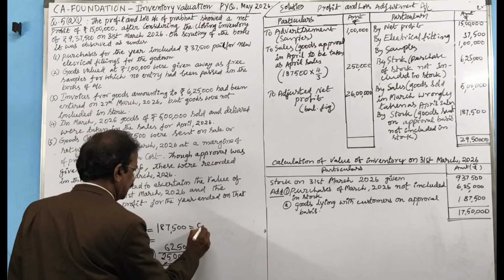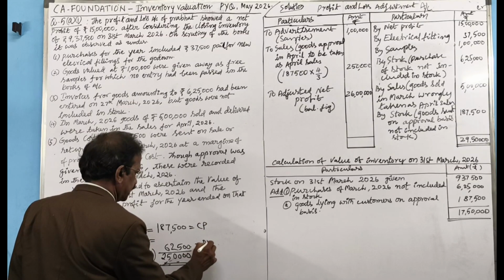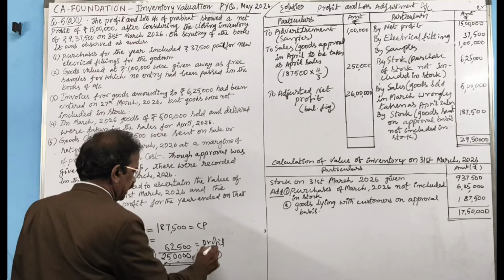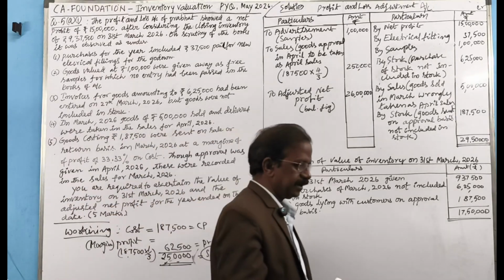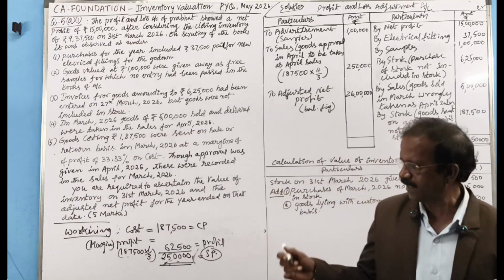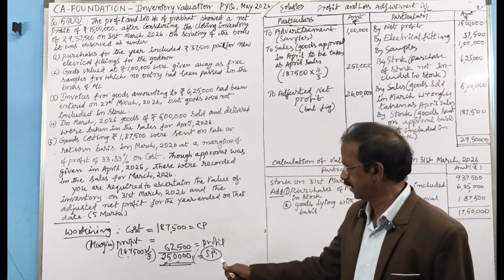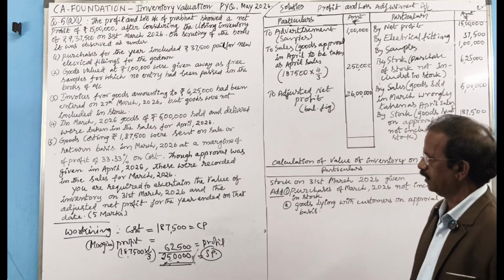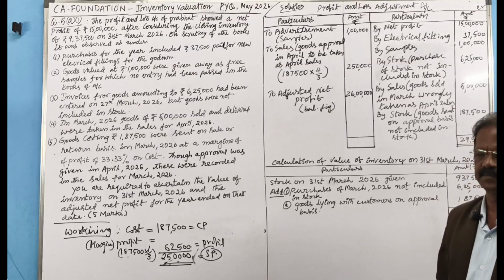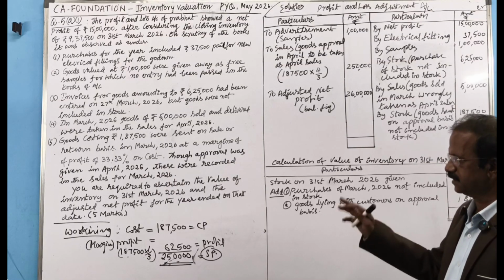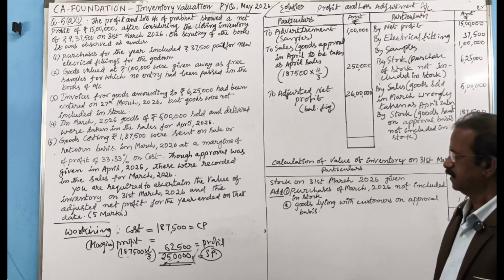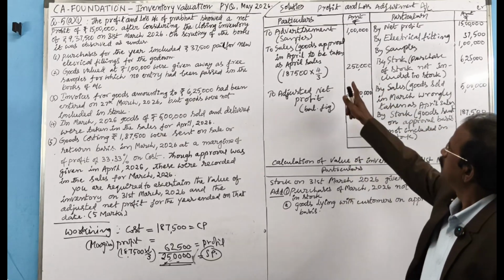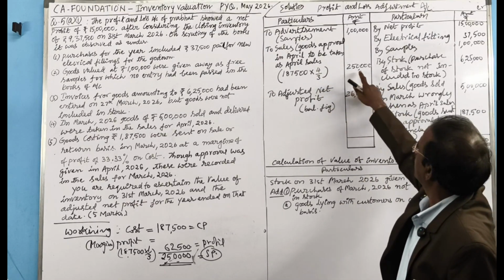This is CP, this is profit, and this is sale price. So we had recorded this transaction as sales at 2,50,000. It is a temporary sale, pending sale. That sale should be cancelled. Cancellation means debit side. So sales 2,50,000.